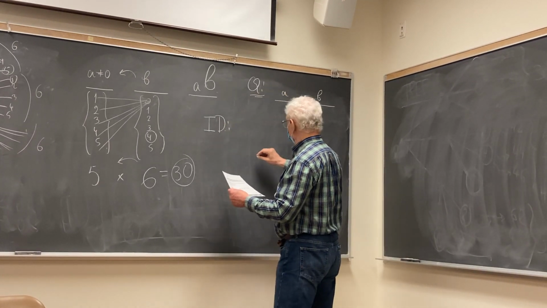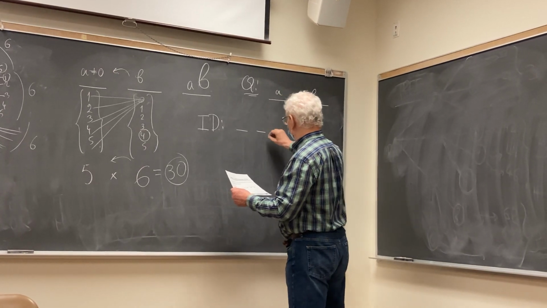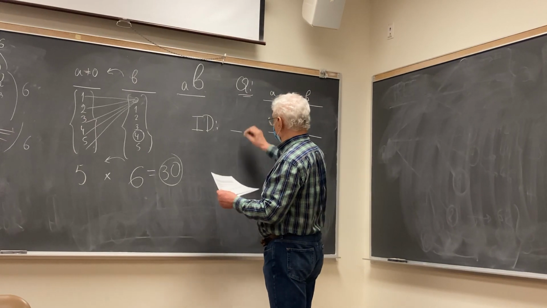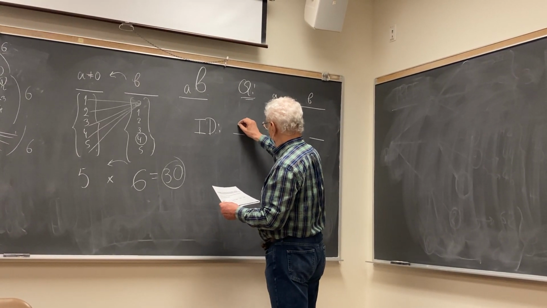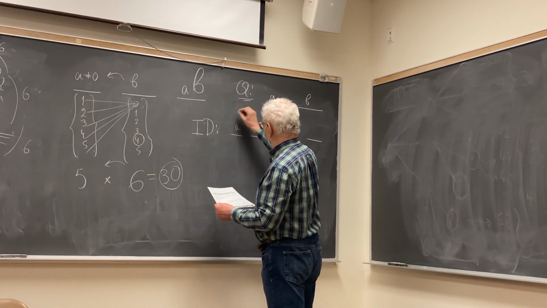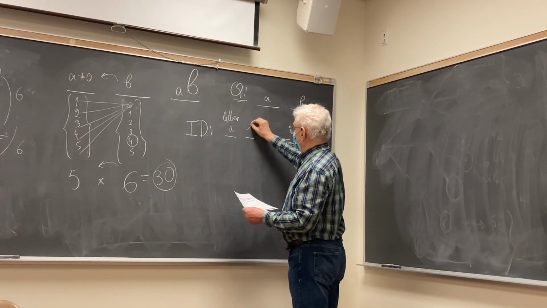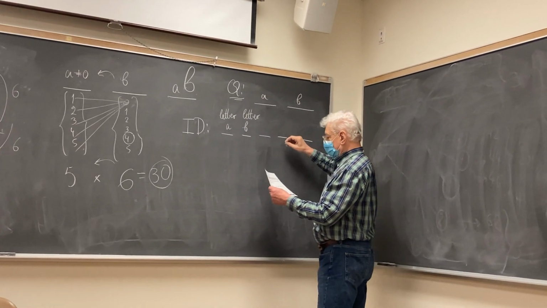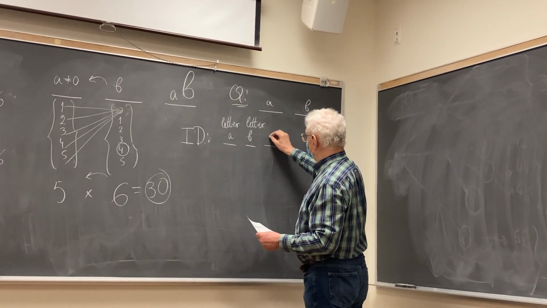Let's write. What is your ID? The ID is the following. It has 5 positions. The first one is a letter, call it small a. Now next is b, also a letter. And then next will be digits.